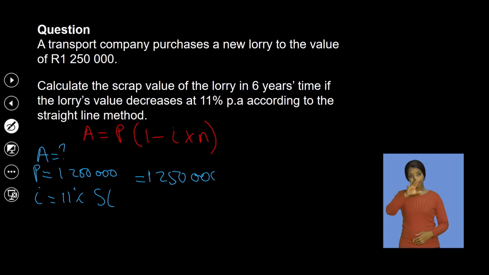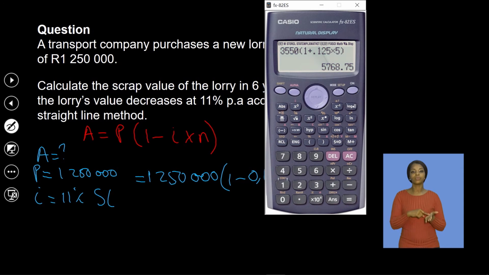Now with this, if I do the calculation, it will then be equal to 1,250,000 into 1 minus, my interest is 11%, so it's 0.11, multiplied by this, they said is 6 years, right? And then we'll just need our calculator for that.